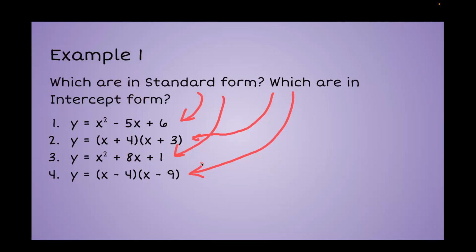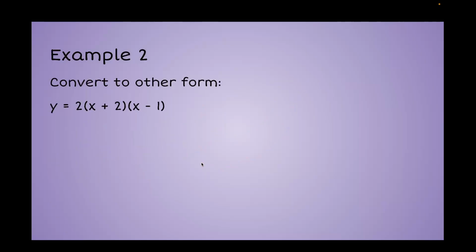Okay, and then another little question type I'll do is where I ask you to convert something to the other form. So this one right now is looking like intercept. Something important is that these are different forms, so you can switch between them, and we're gonna be doing that a lot.